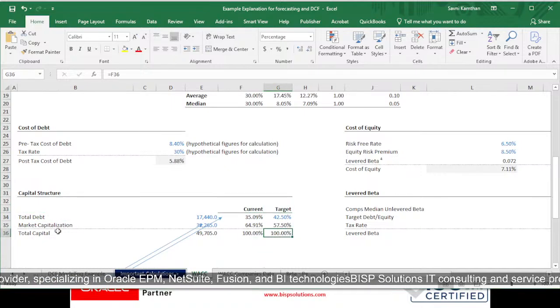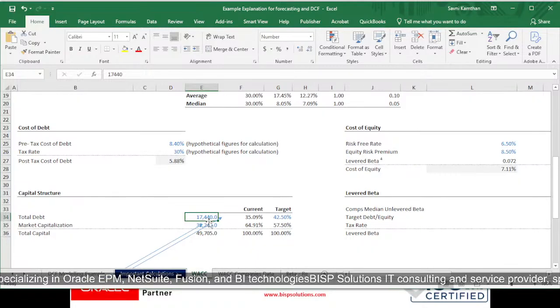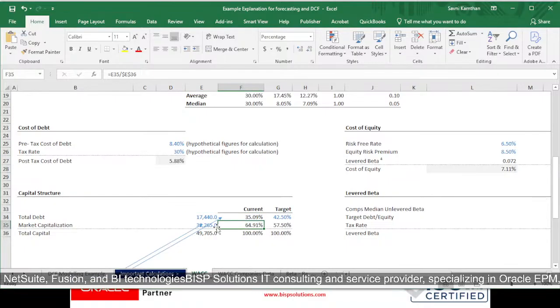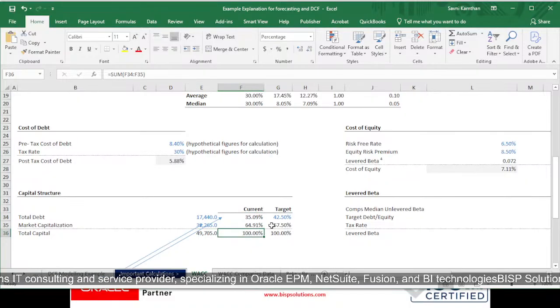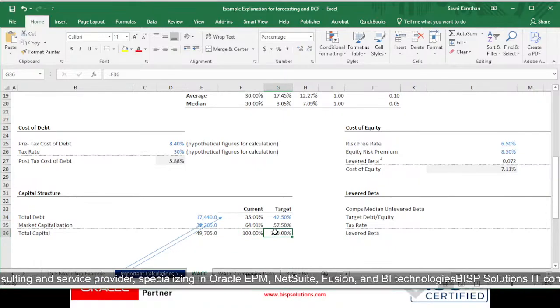So let's say I am taking 17,440 as my total debt, and I have taken market capitalization as 32,265, so the total is 49,705. Total capital with us is 49,705.